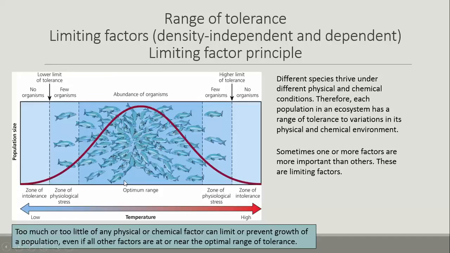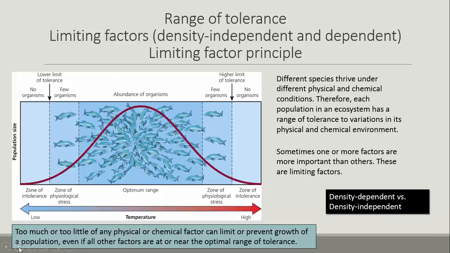Too much or too little of any chemical or physical factor can certainly limit or prevent growth of a population, even if everything else is within the optimum range. So you could have great temperatures, but maybe salinity is too high or too low. Maybe dissolved oxygen is not high enough or it's too low. Even if everything else is perfect, there are a number of things that can come into play where there can be a limit on growth.